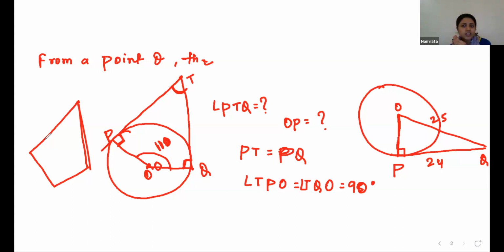Is it 180 degrees or 360 degrees? 360. It will be 360 degrees, right? So the sum of all the interior angles, this angle, this angle, this angle and this angle, will be 360 degrees. We already know three of the angles: one is 110, another is 90, another one is also 90. We have to find angle T. So with the help of the angle sum property of a quadrilateral, we will be able to find the unknown one, right?